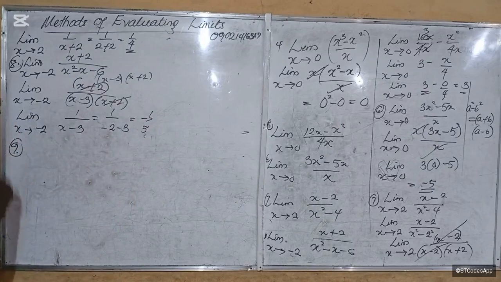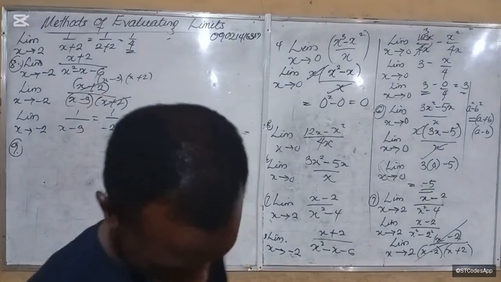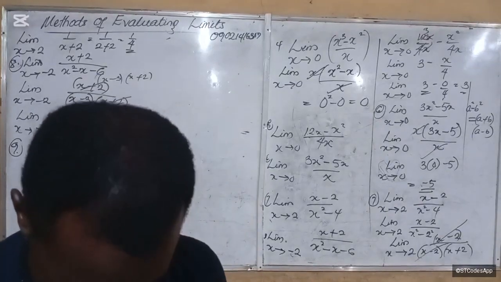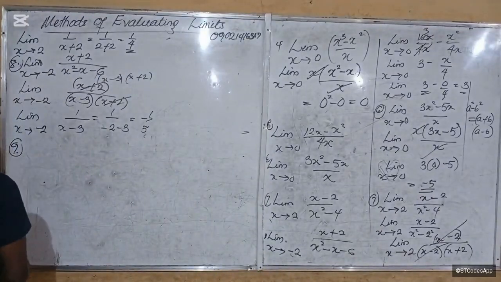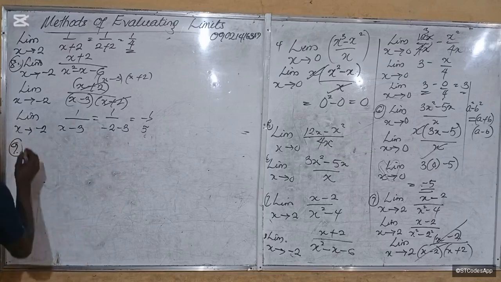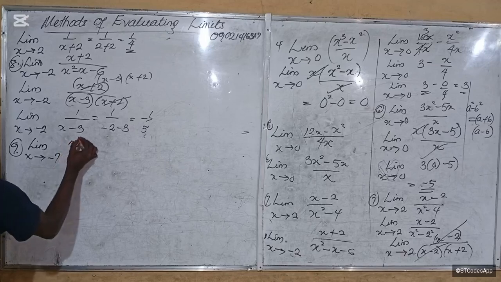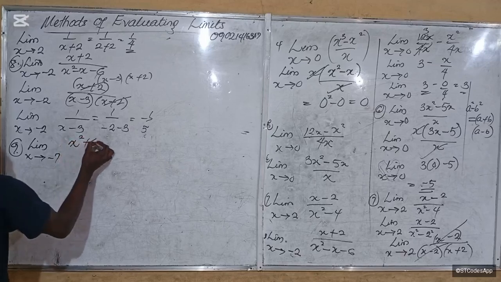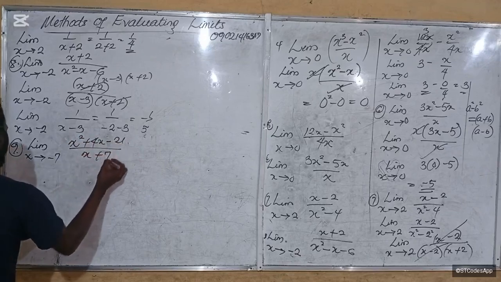And number 9, let's solve number 9. Okay, let's write another list of questions. Number 9 says the limit as x approaches minus 7 of x raised to power 2 plus 4x minus 21 over x plus 7.